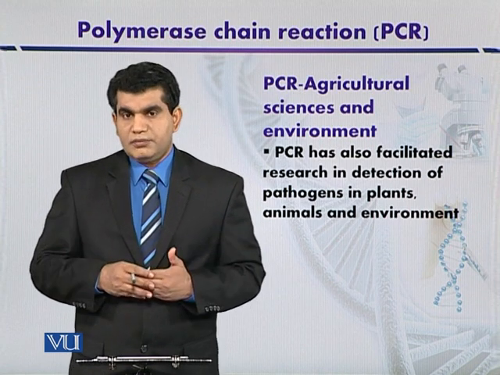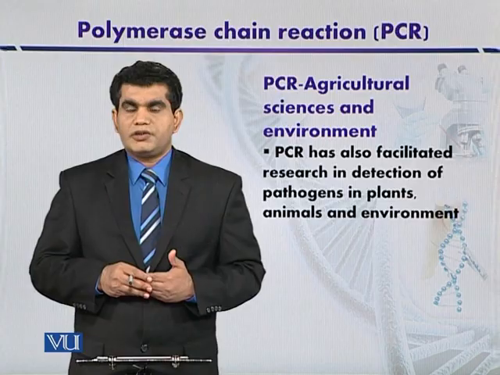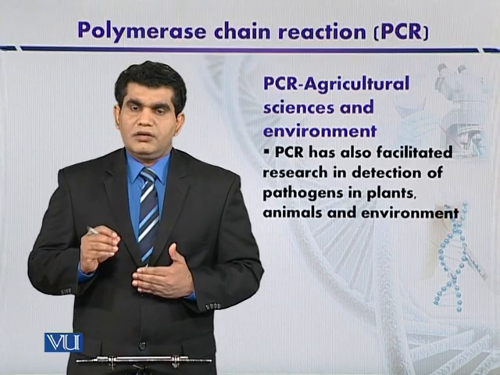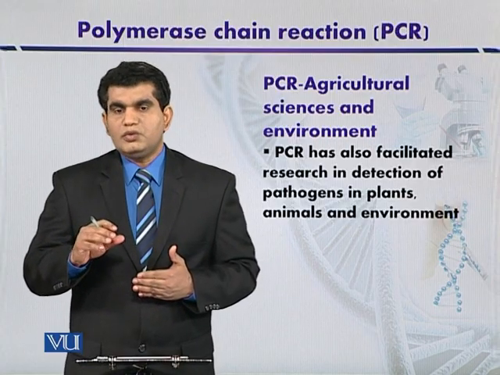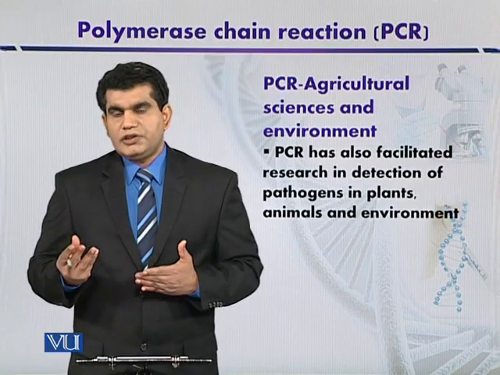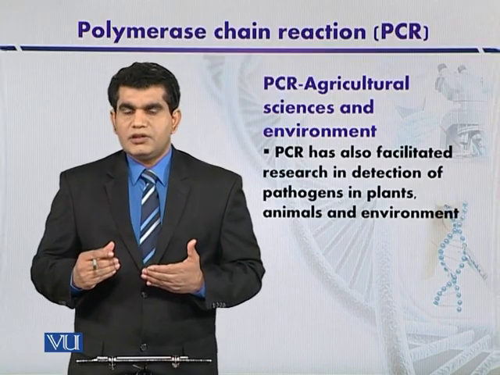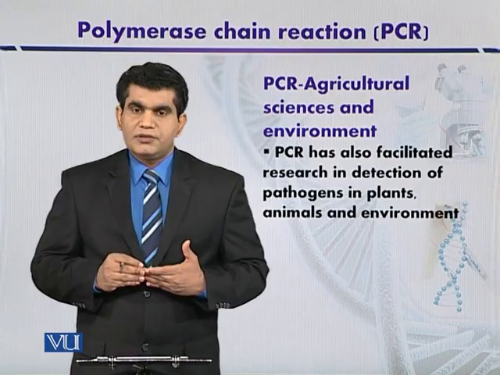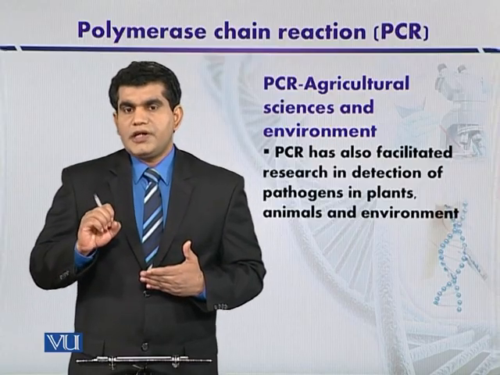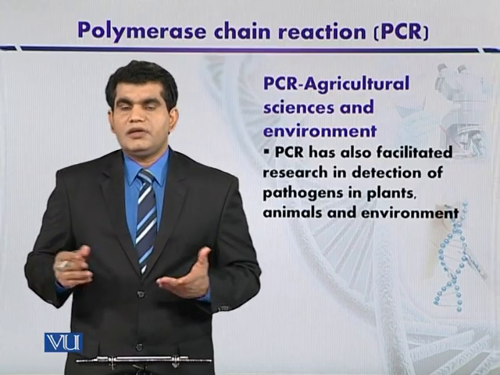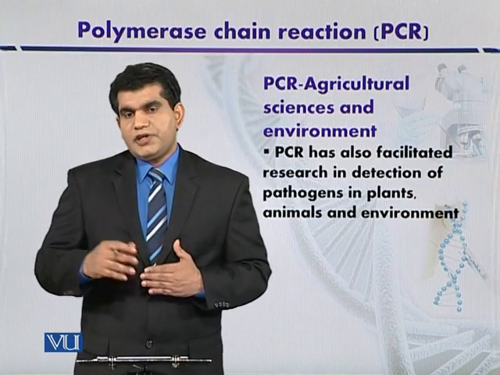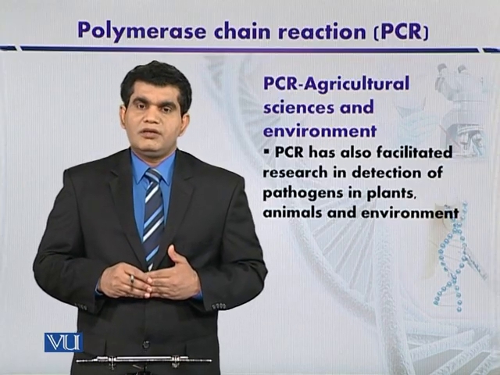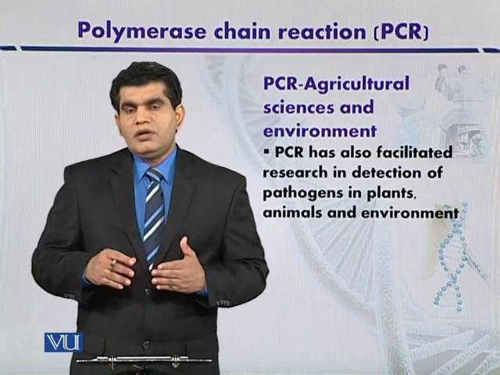This is one example of a pathogenic strain that can cause infection to humans due to foodborne nature. So foodborne diseases can be prevented by detecting the pathogens, and here again PCR can be used.